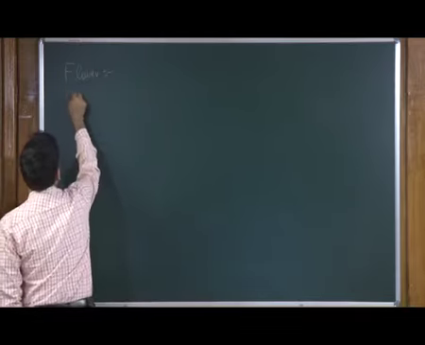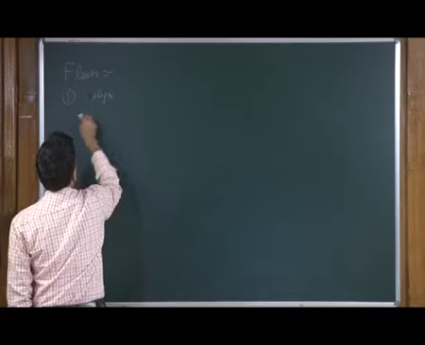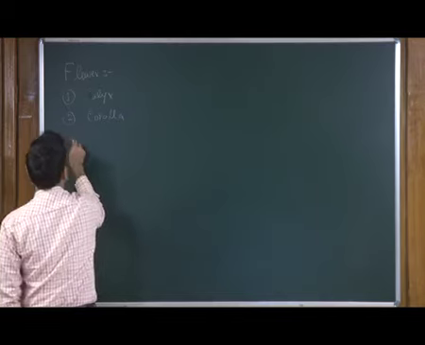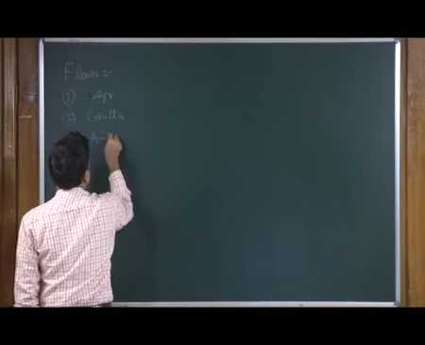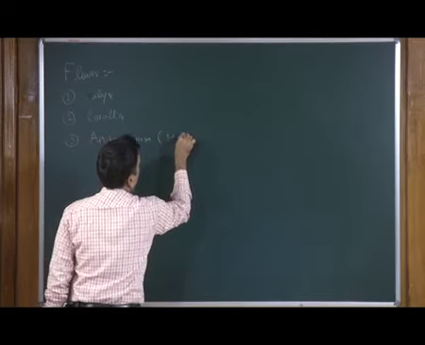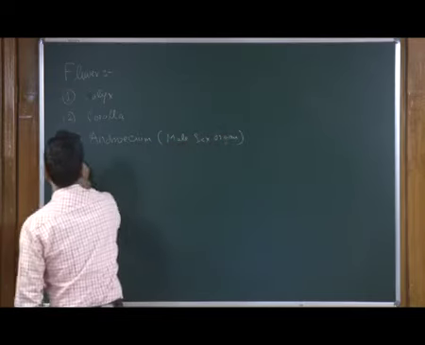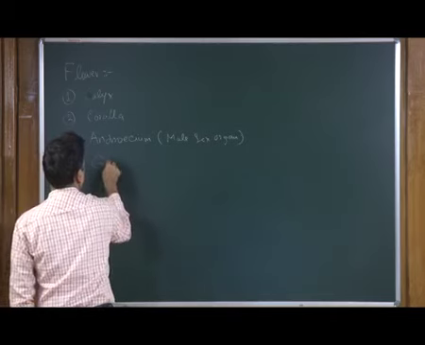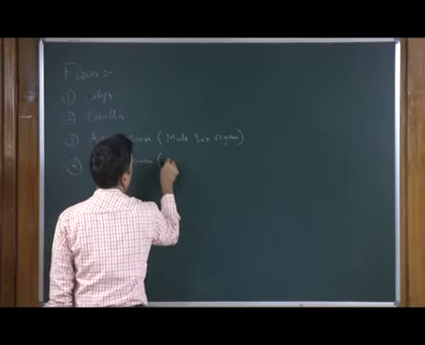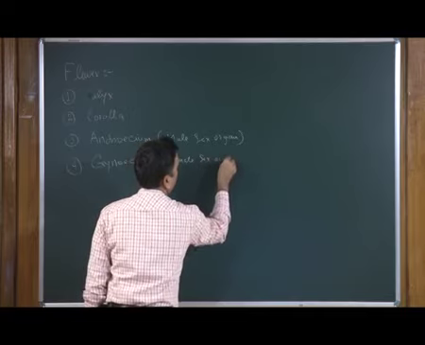One is the calyx, number 2 the corolla, number 3 the androecium or male sex organ, and number 4 the gynoecium or the female sex organ.